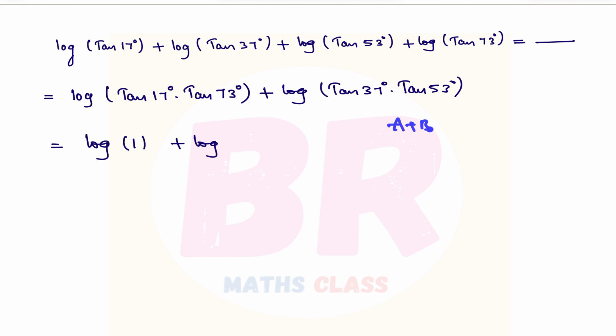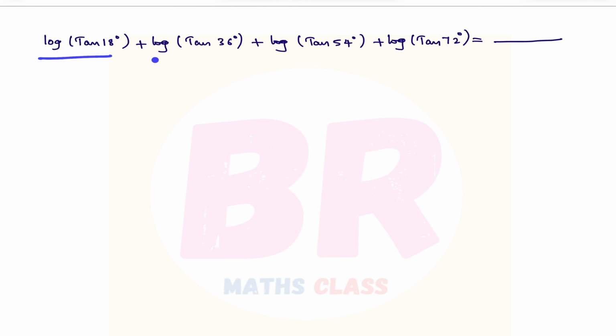As you know, a plus b is 90 degrees, tan a into tan b equal to 1. So this whole thing will become 1. You know from properties of logarithms, log 1 value is 0, right? So its answer is 0. The answer for this problem is 0. I hope you are understanding.